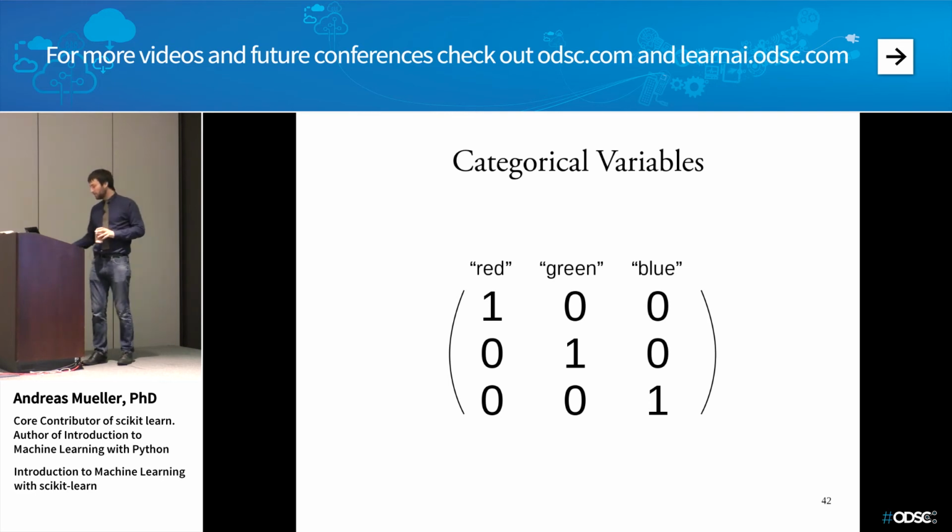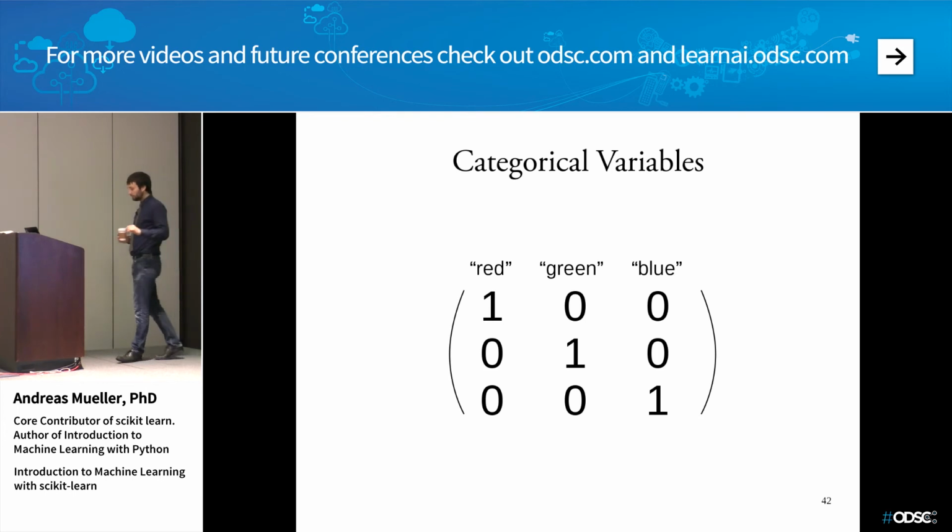So to encode three data points, the first one has the value red, the second one has the value green, the third one has the value blue. This is how I would do it. There are 3 different possible values for this categorical variable. I create 3 different features, and set the one that is the actual value to 1, the others to 0.